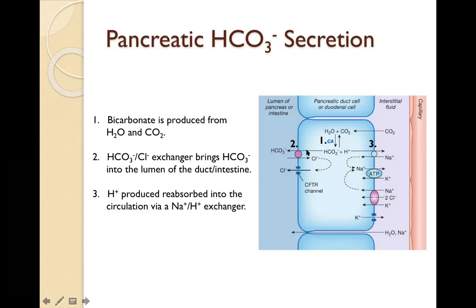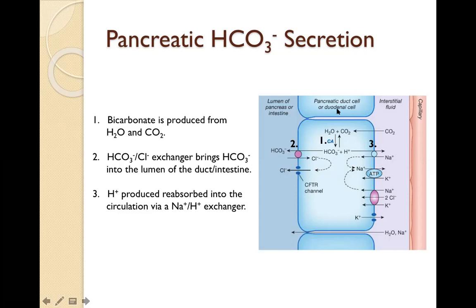The next thing that's going to happen is that you have to get rid of that H+ within the cell. That's dangerous to the cell. So just like that hydroxide anion that we saw in the parietal cell, if too many of those protons accumulate within the cell, it becomes extremely acidic.